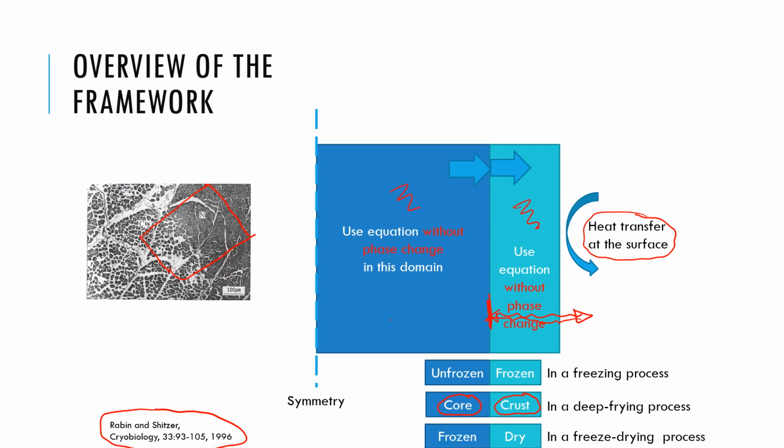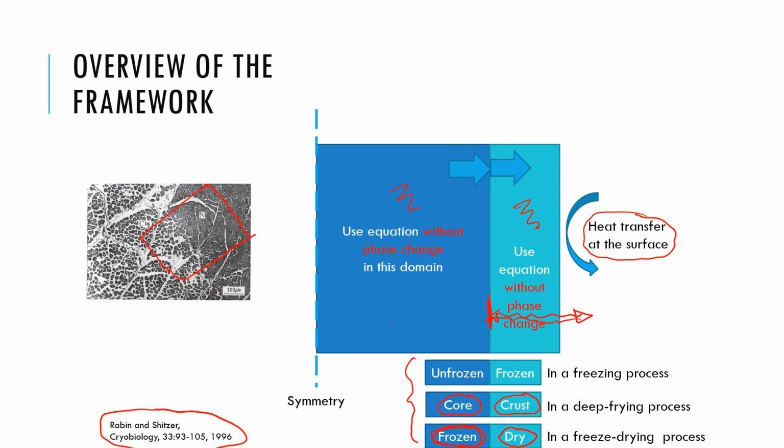Another example would be freeze drying, where the entire material would be frozen. So at any given time, the left of the interface would be still frozen, whereas the right of the interface would be dry.